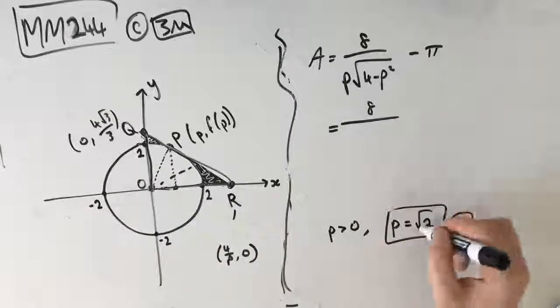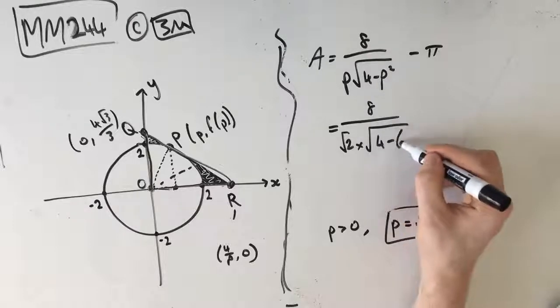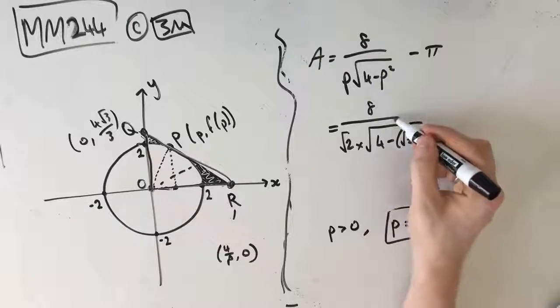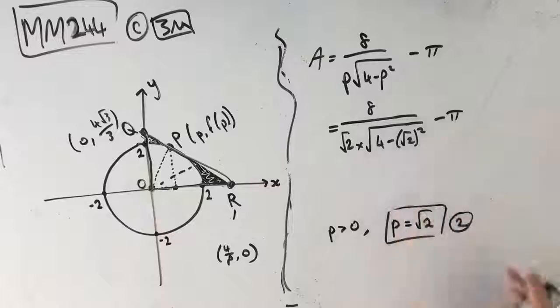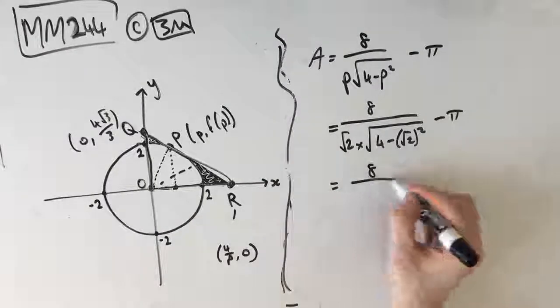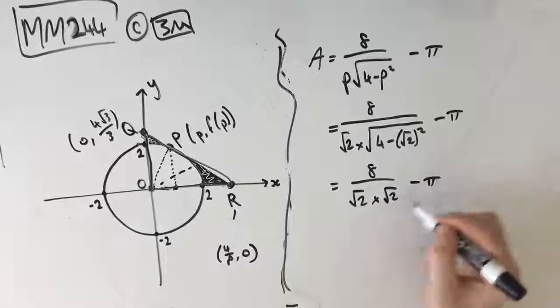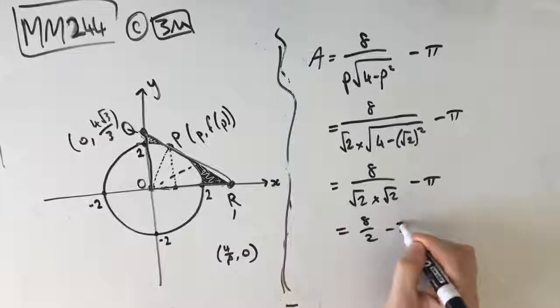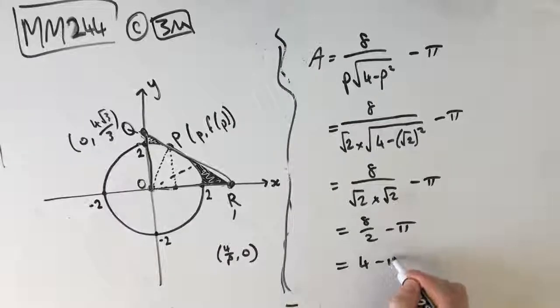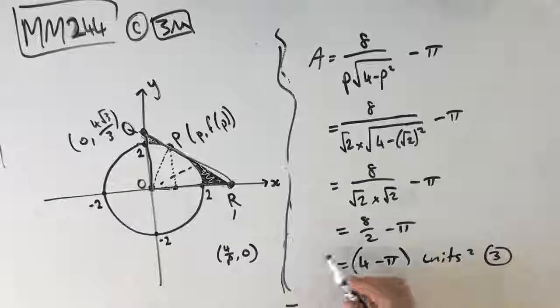So subbing in our value for p of root 2, we get 8 over root 2 times root 4 take away root 2 squared, minus pi. So we get 8 divided by root 2 times root 2, minus pi. 8 over 2 minus pi, which gives us 4 minus pi unit squared, which is our minimum area, A of root 2, 4 take pi unit squared.